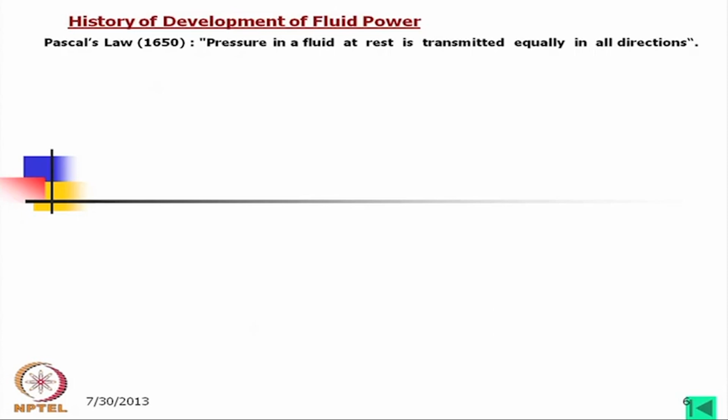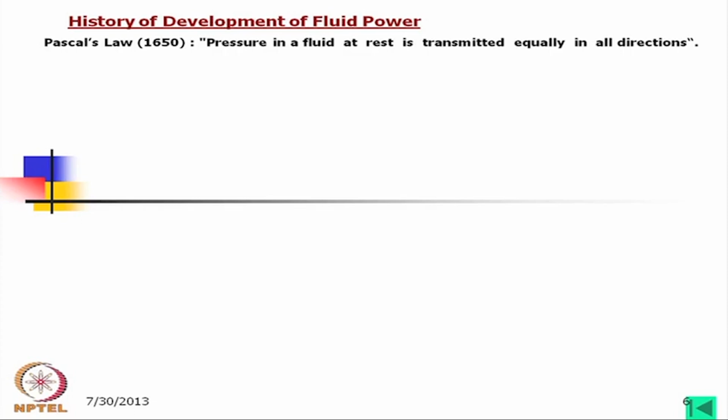Now, if we look into history of development of fluid power, then we have to go back to when Pascal invented his law in 1650 that pressure in a fluid at rest is transmitted equally in all directions.